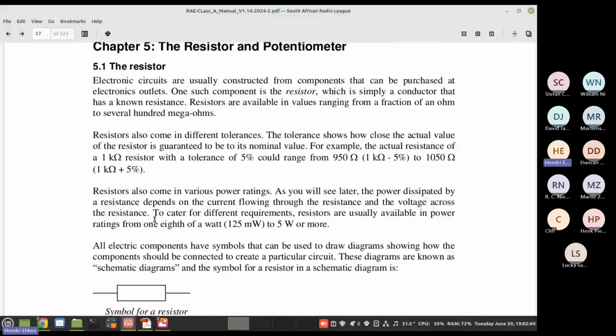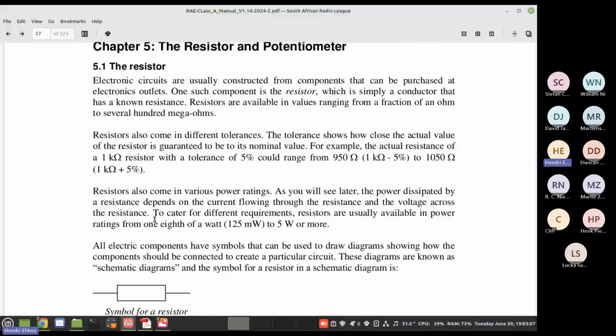Now, all electric components have symbols that are used in a circuit diagram showing how the circuit should be connected, and these diagrams are known as schematic diagrams, and they consist of a whole bunch of symbols.